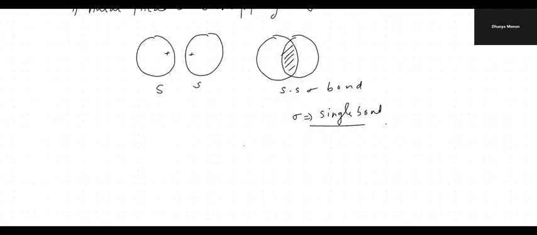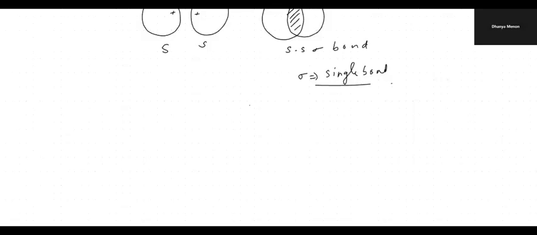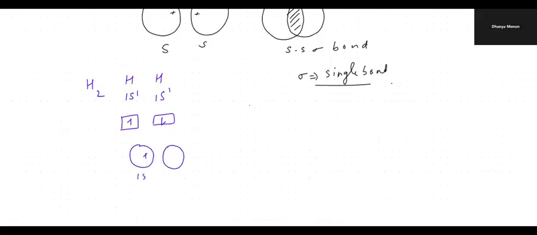For example, the first one, hydrogen, H2. There are two atoms of hydrogen, each having configuration of 1s1. So here, one electron is there. In the next hydrogen also, one electron is there in the 1s orbital, but I'm representing it with opposite spin. Both of them overlap, 1s and 1s for the next hydrogen.